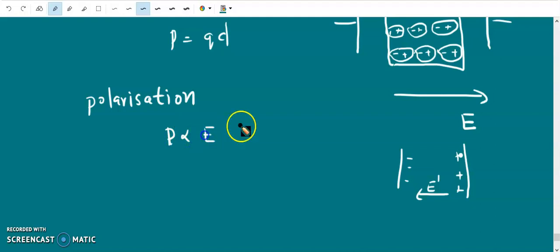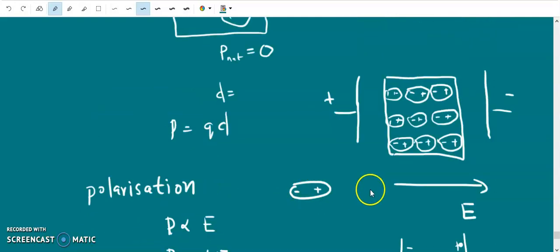As the applied electric field increases, the stretching increases, and the negative and positive charges are separated by a greater distance, so the dipole moment also increases. When the electric field increases, the dipole moment also increases, and the constant of proportionality here is called alpha, the atomic or molecular polarizability.